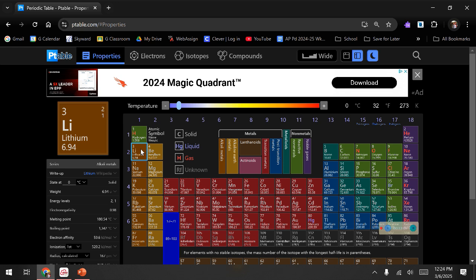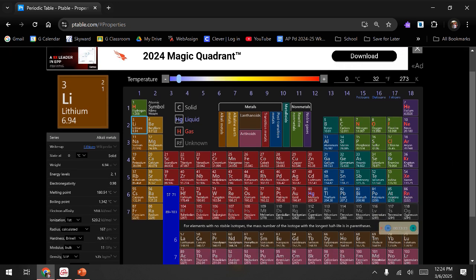We've actually made it to the P layer right here. Why do we probably not expect to go further? Well, right down here it says the elements with no stable isotopes, the mass number of the isotope is just the longest half-life in parentheses. These are existing for fractions of fractions of fractions of fractions of seconds. So it's very unlikely that we would need them.